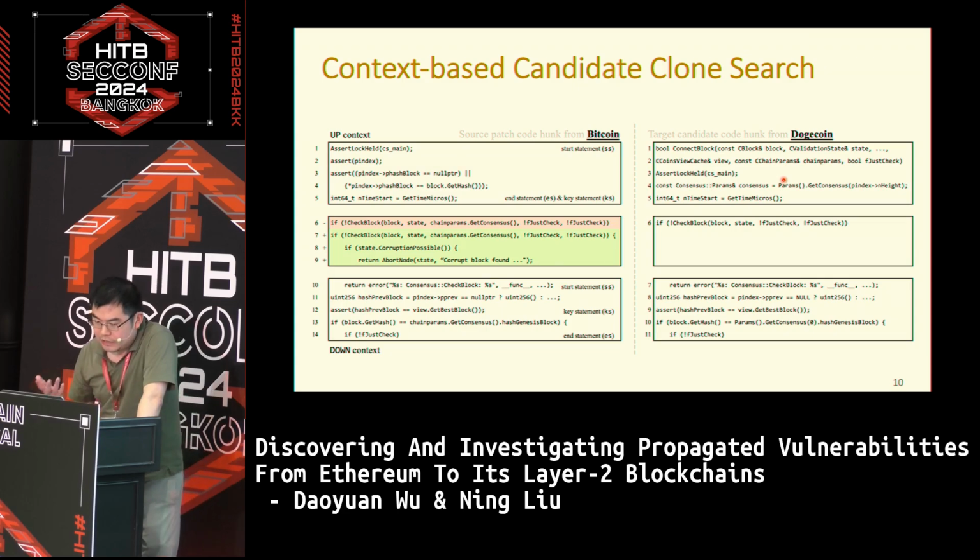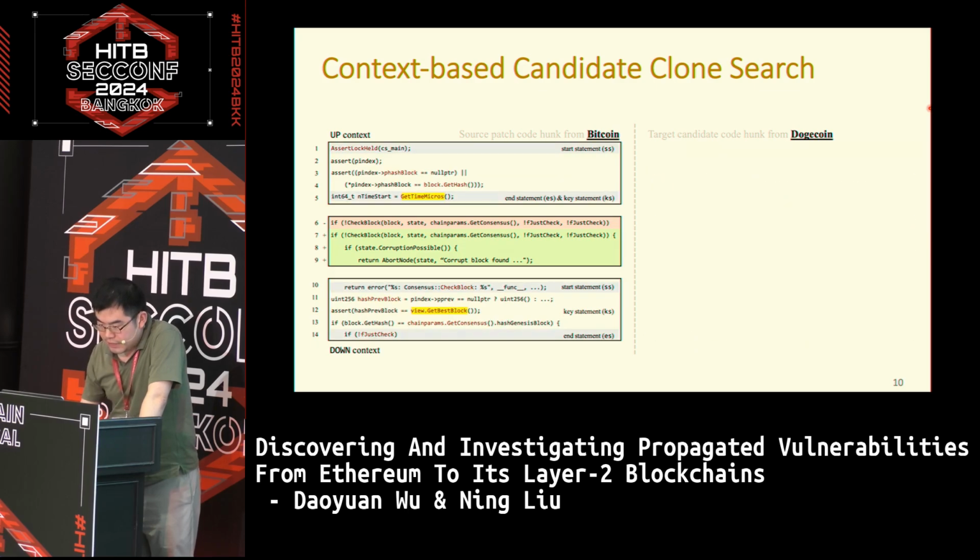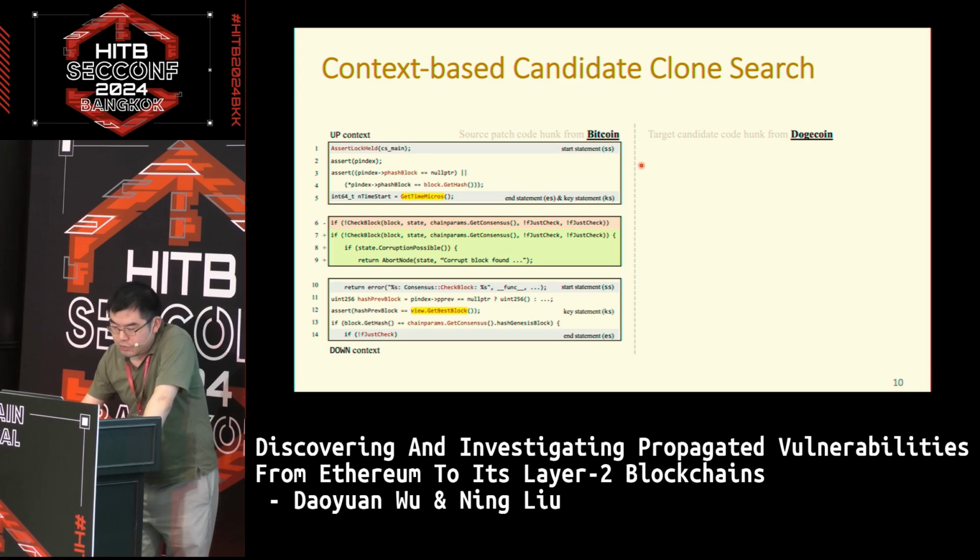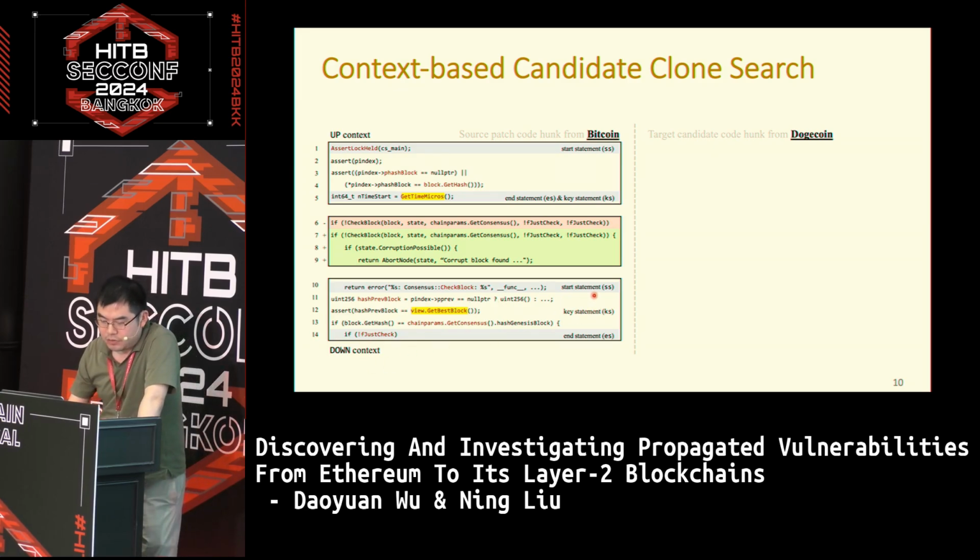So how will our system analyze this piece of target code given the input of the source code? We will first locate two kinds of statements from the context. This is the start statement of the upside context, and this is the end statement of the upside context. Similarly, for the downside context, we also have the start statement and the end statement.